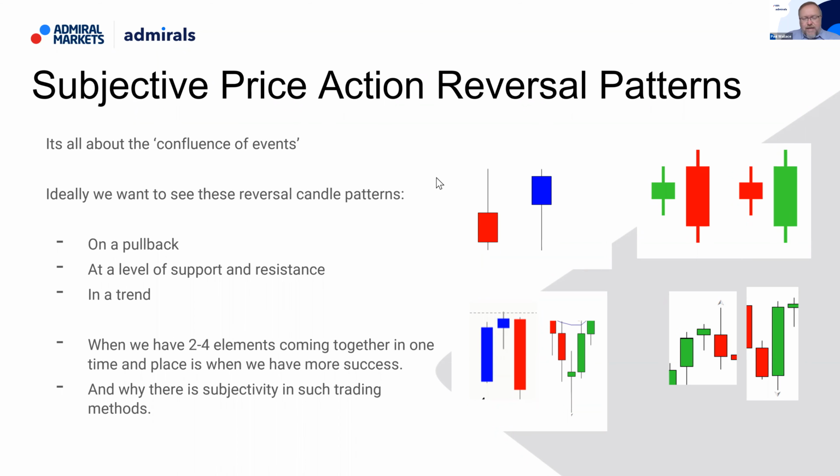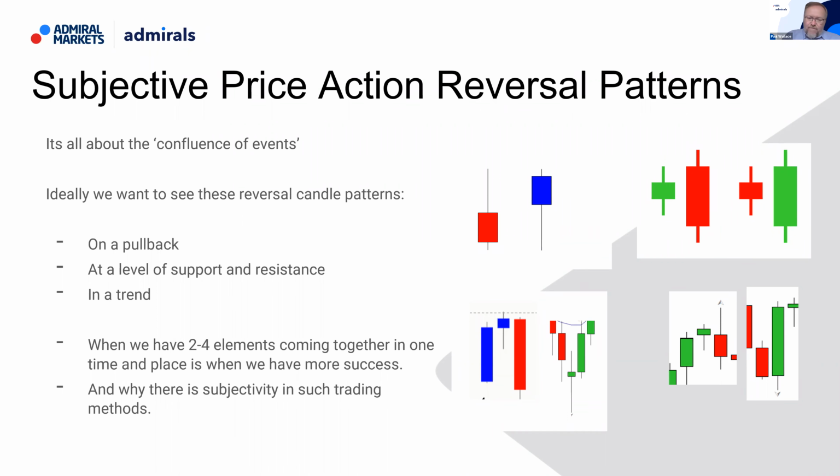And as I said, if you're not entirely sure what we consider a confluence of events, ideally we want to see these reversal candlestick patterns happening on a pullback, at a level of support or resistance, or a big round number, as part of a trend.